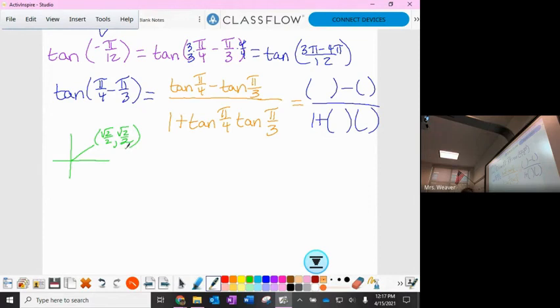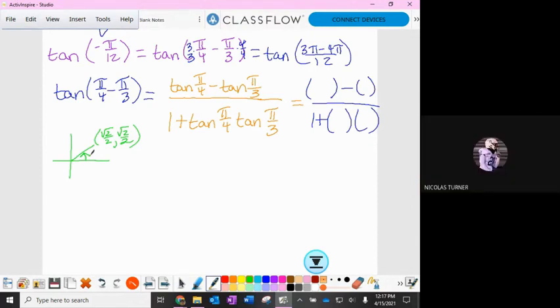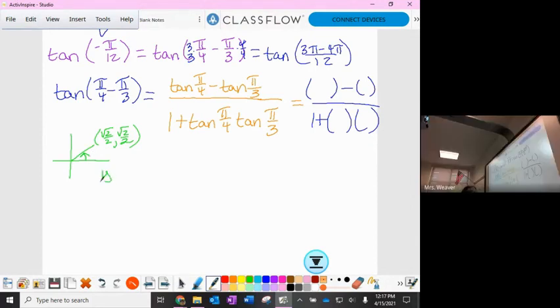To find the tangent of pi over 4, I go to pi over 4. Its x and y coordinates are both root 2 over 2. When I find my tangent, which is y over x, it's root 2 over 2 over root 2 over 2. Anything over itself is 1. So we should have gotten 1 for both of those. Then we want the tangent of pi over 3.